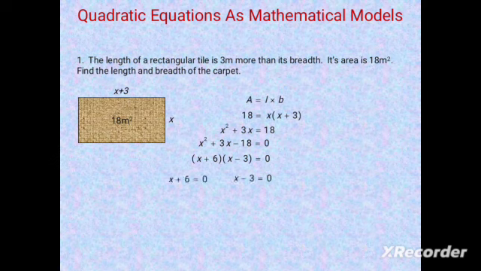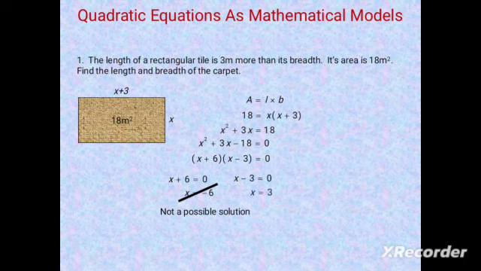And so the first part, of course, will have x plus 6 equal to 0. Then the second part, x minus 3 equal to 0.